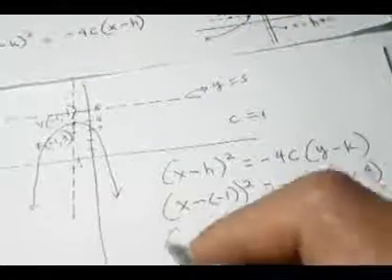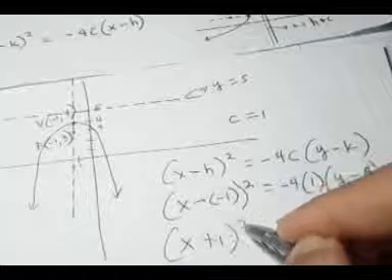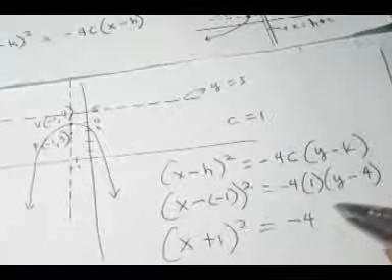So simplify: (x plus 1) squared equals negative 4 times (y minus 4). And this is our standard equation.